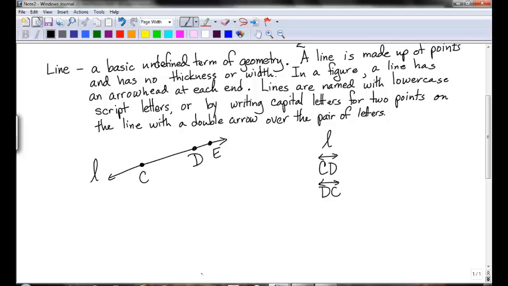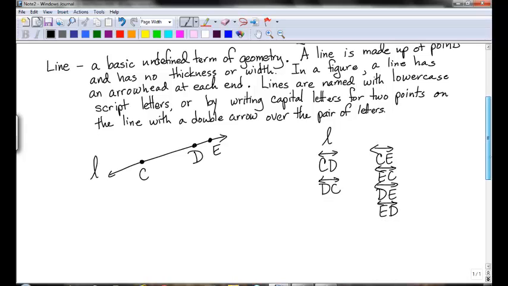Then I could say this line was CE, EC, DE, ED. Did I go through all of them? Those are all the same line. So the more points they put on the line, the more confusing it is to grade.